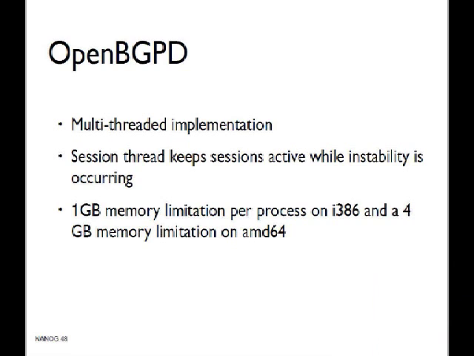So in all these tests, there were 100 ribs created, and all the routes were advertised in and out of each rib. So it basically was 100 times or 1,000 times 100, in terms of the hash that I had to keep. So it was a pretty intensive test. I can't imagine a route server today that would reach the limitations of OpenBGPD on i386, and certainly none on AMD64.